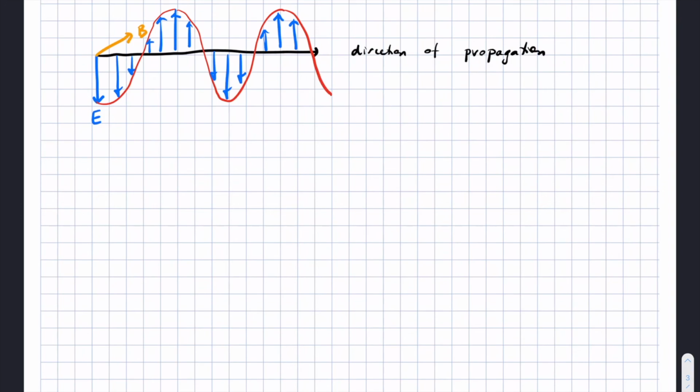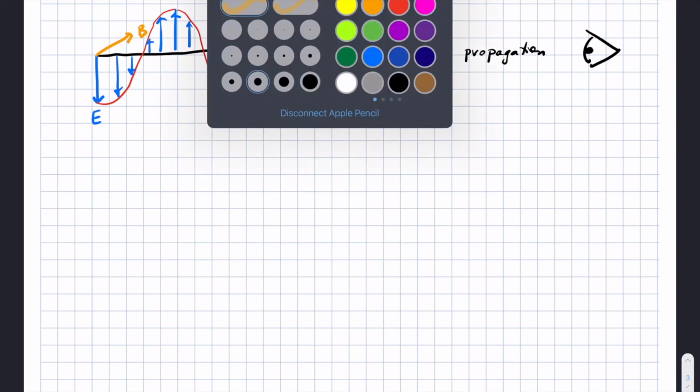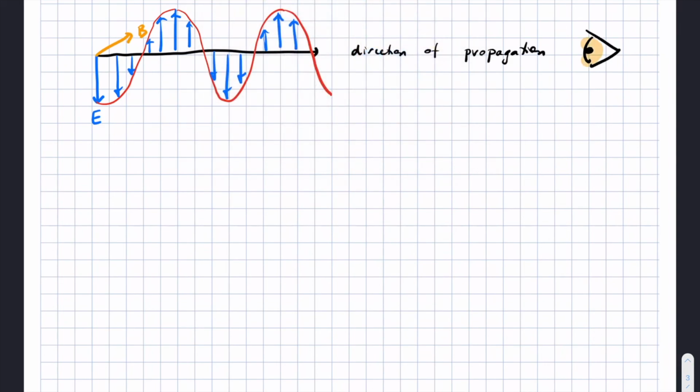In light that's just out there, generated by lamps or the sun or whatnot, each individual photon is perhaps oscillating in a different direction. We will sometimes imagine with our Sith eyes looking down, pink Sith eyes, that would be awesome, looking down the direction of propagation.